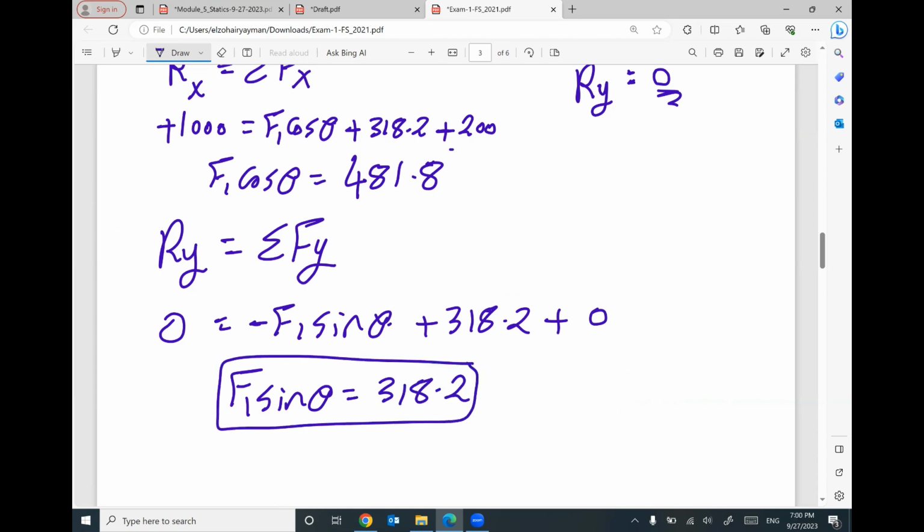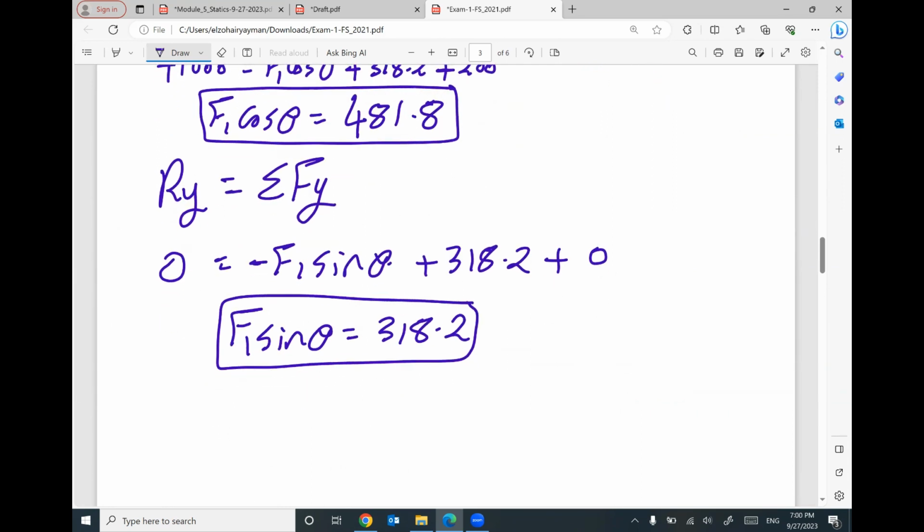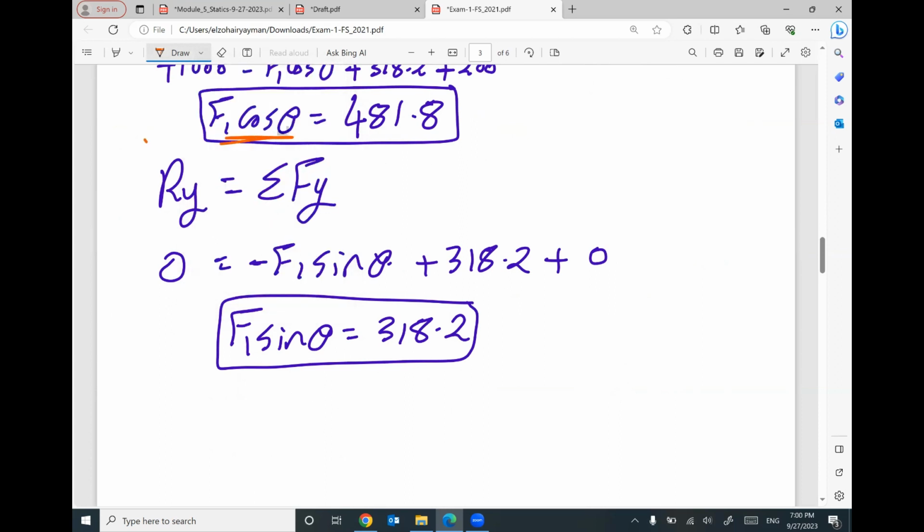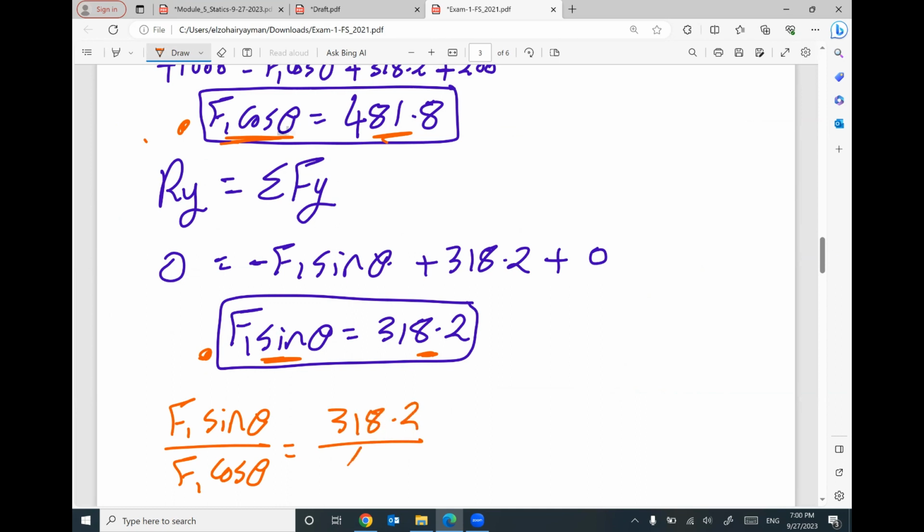From this equation and this equation, I can solve them together to find F1 and theta. It's very easy. Just divide the two equations. So F1 sine theta divided by F1 cosine theta will equal 318.2 divided by 481.8.